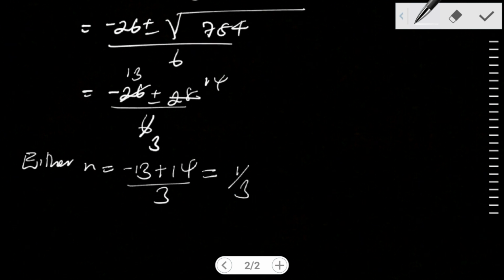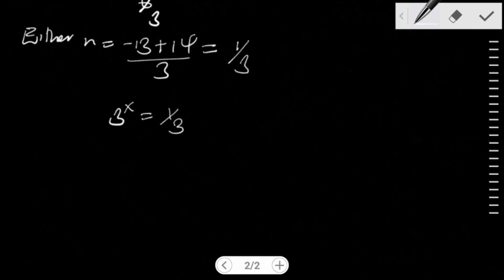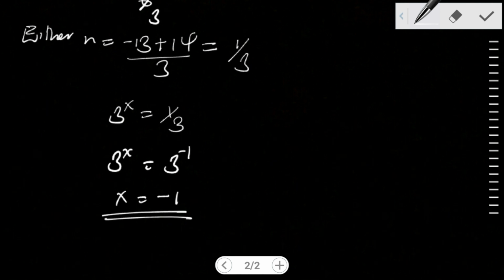Therefore we had 3 to the power x, now in this case, which is equal to 1 over 3, of which 3 to the power x is equal to 3 to the power negative 1. Therefore x would be equal to negative 1 in this case. Now, if someone had used logarithm still, it would come out.